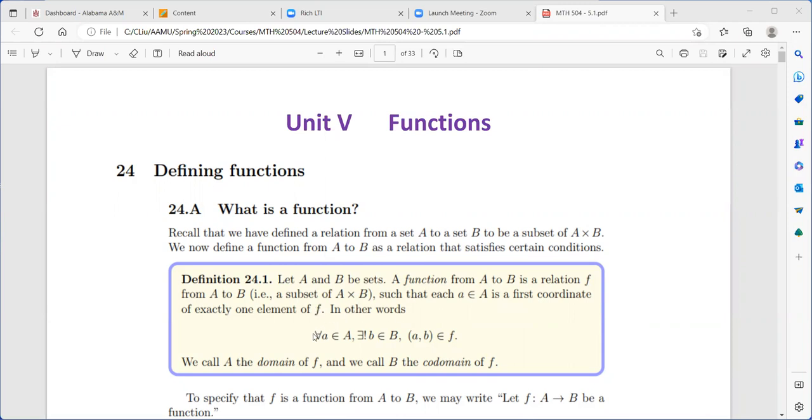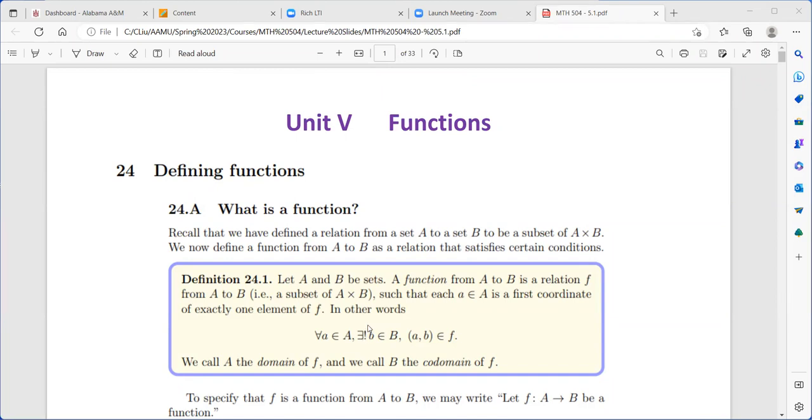So in other words, if you write this definition in symbolic logic, we can say for any element a in the set A, there exists uniquely. This is the existential quantifier you already saw, and if you put this next to it, it means uniquely.